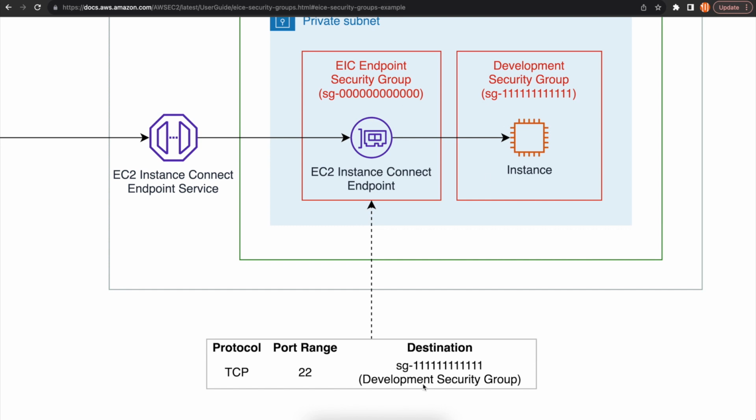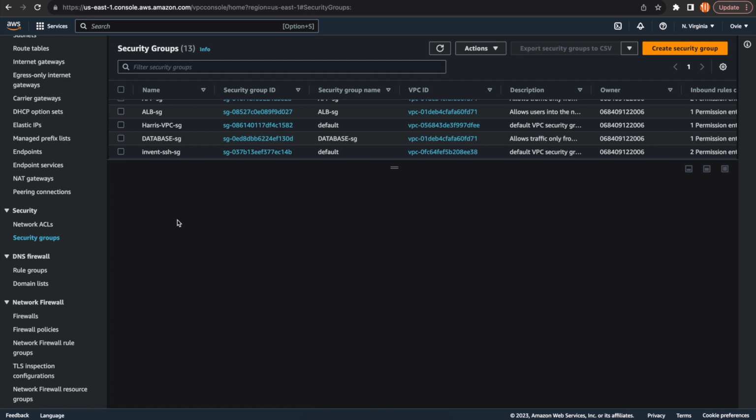The security group for your instance must have your endpoint as its source. So in the inbound rules of your security group for your instance, you will select the source as your endpoint security group.